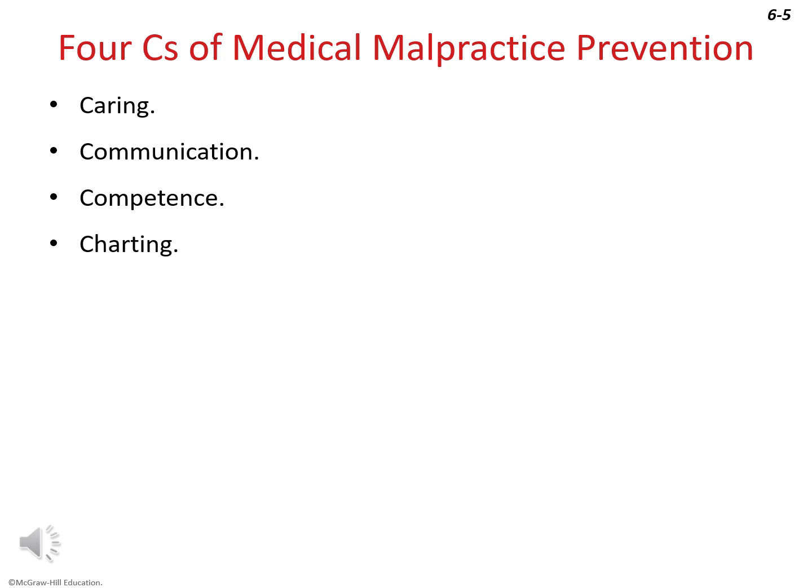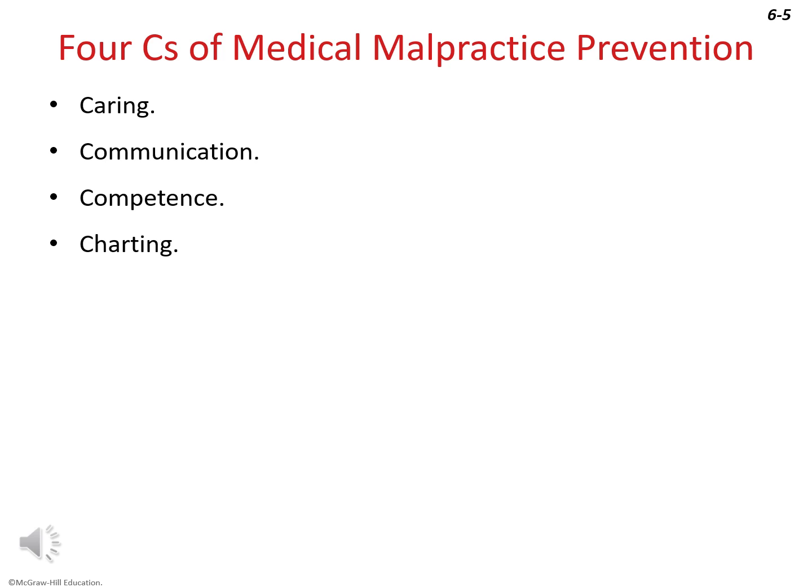The 4 C's of medical malpractice prevention, those are located on page 139 of your textbook. So the first one is caring. As healthcare practitioners, it is important that you care about your patients and that you care about the oath you took as far as protecting them and doing your job.